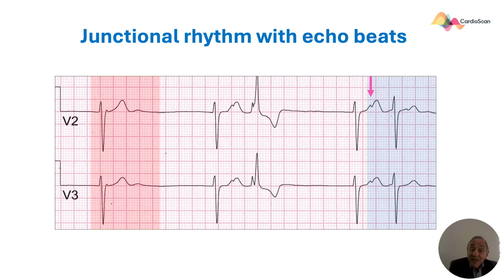And as a result of that, it conducts to the ventricle with a QRS identical to the junctional QRS. But in the middle, we can see another retrograde conduction, and now marginally earlier, and we have a classical aberrant ventricular conduction appearance.